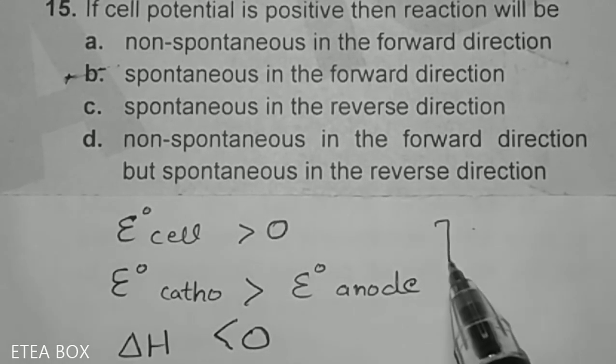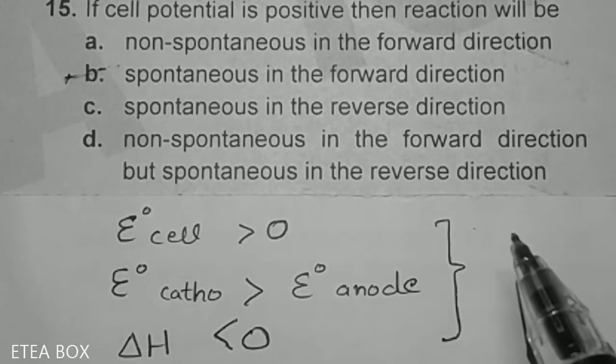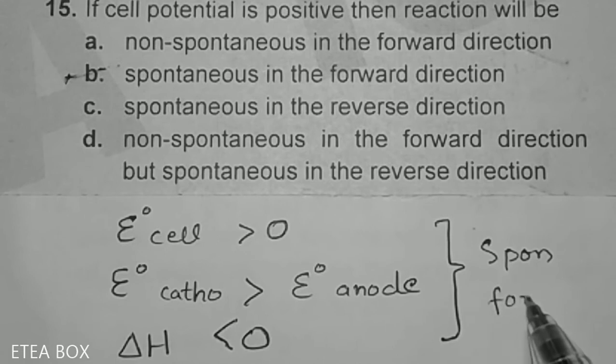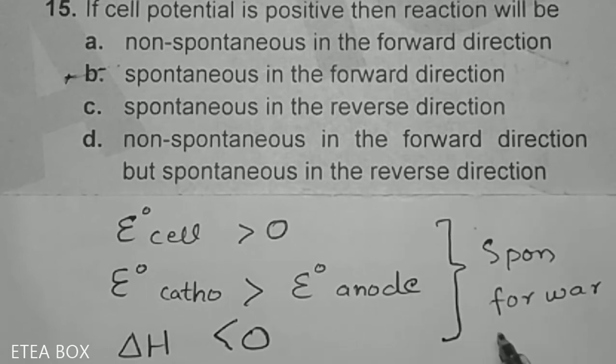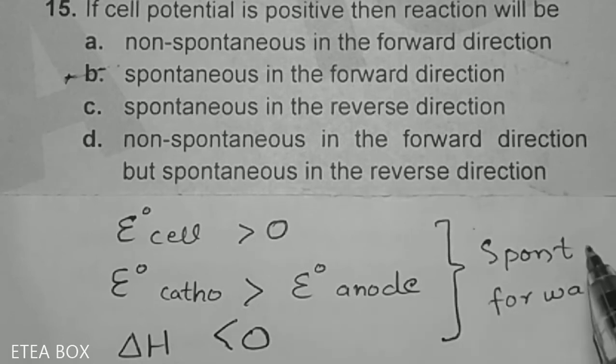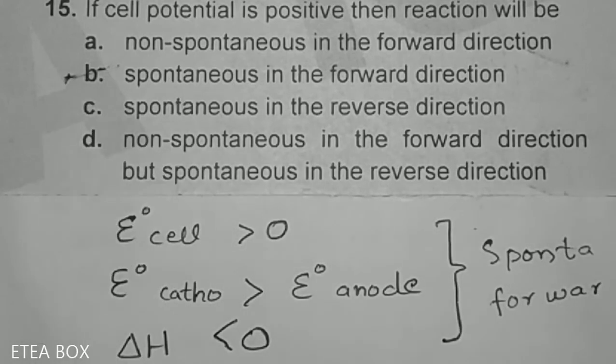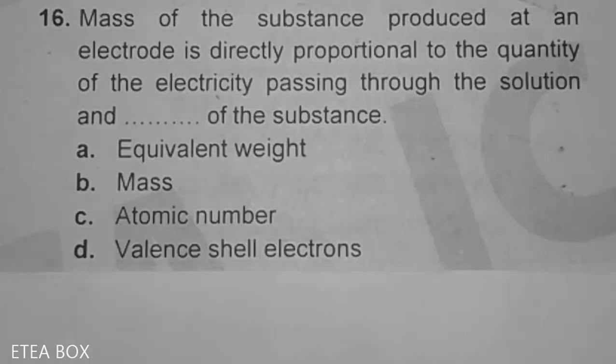In this case, the reaction will be spontaneous in the forward direction, while in the backward direction it will be non-spontaneous. So option B is correct here, spontaneous in the forward direction.